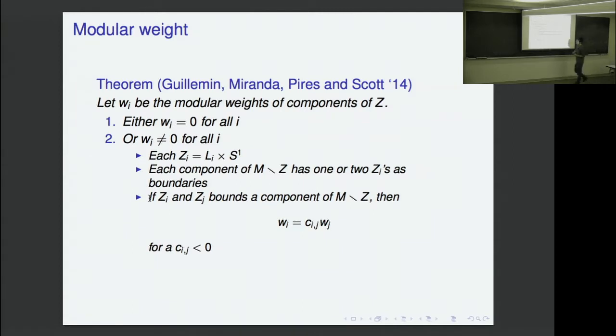Because, right, in their proof, what they did is that if the weights are non-zero, then there will be a direction of the torus action. So there will be an S1 acting on this Z, and that S1 action is going to give you an actual splitting into S1 components.